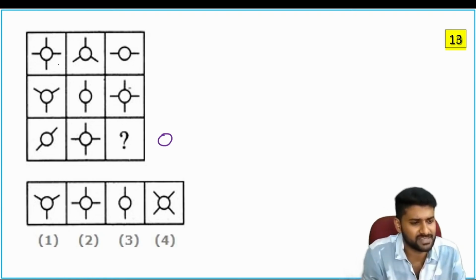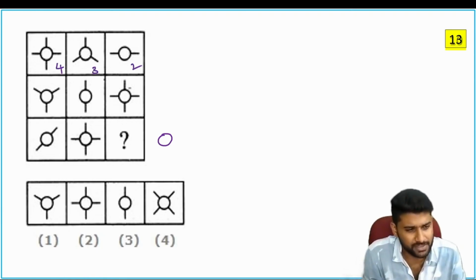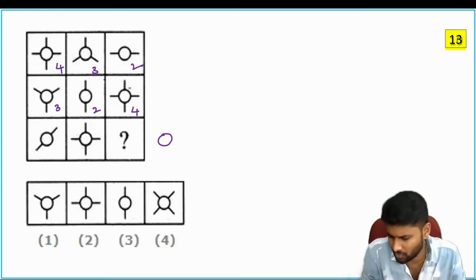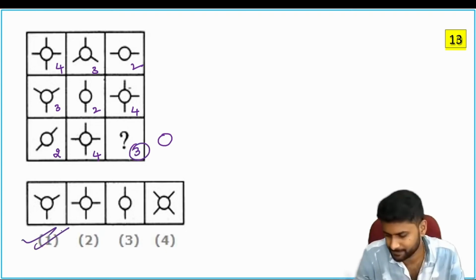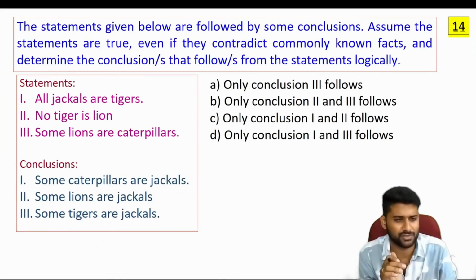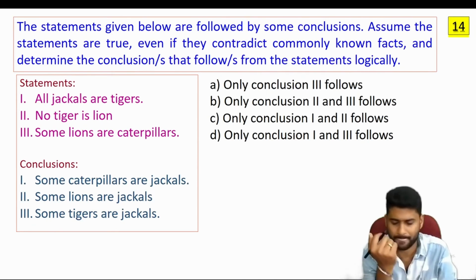Now see the number of lines: 4, 3, 2, 3, 2, so 3, 2, 4. Again, those three numbers are always repeated, but not in the exact box. So here 2 lines, 4 lines, the answer must be 3 lines. So the suitable answer is 1. Next. So a question from syllogisms.